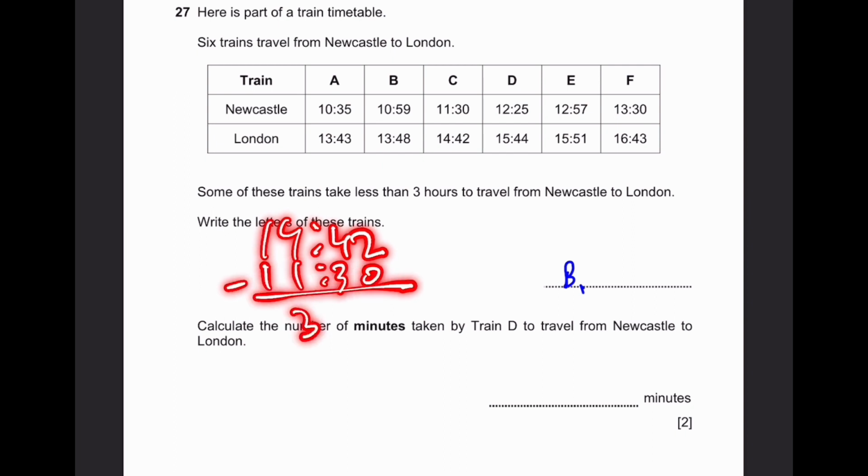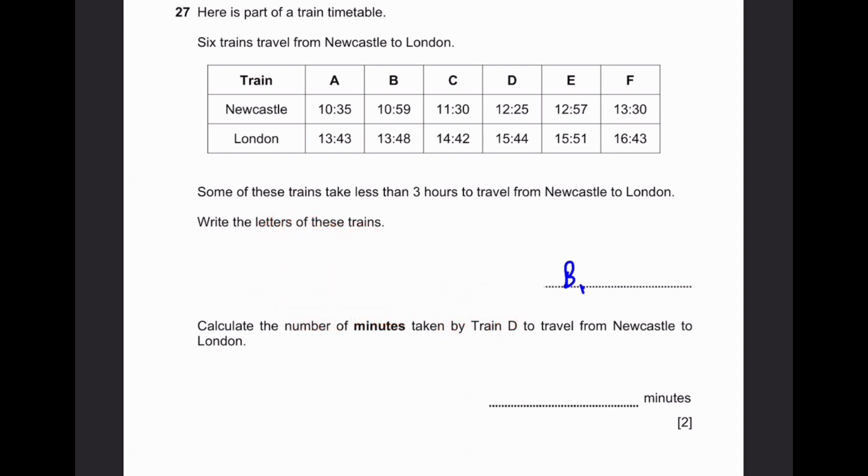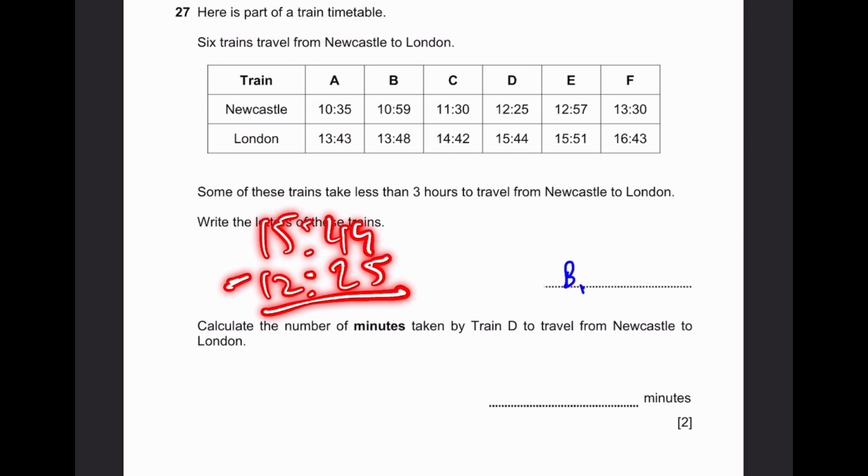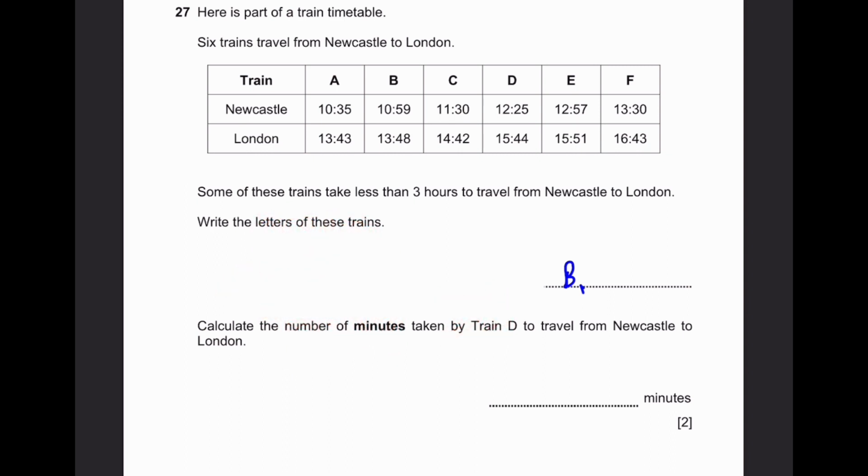This becomes 3 hours and 12 minutes, which is greater than 3, so it is not counted. Now D, 15:44 minus 12:25. We get 3 hours and 19 minutes, which is greater than 3.